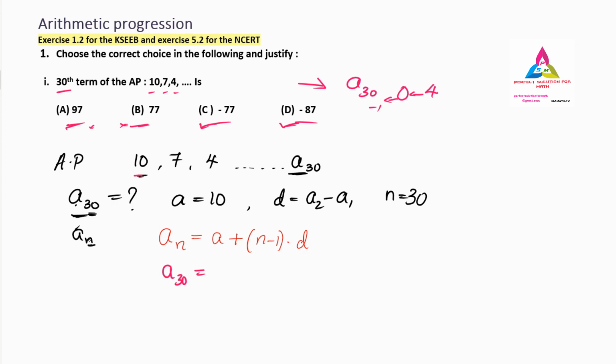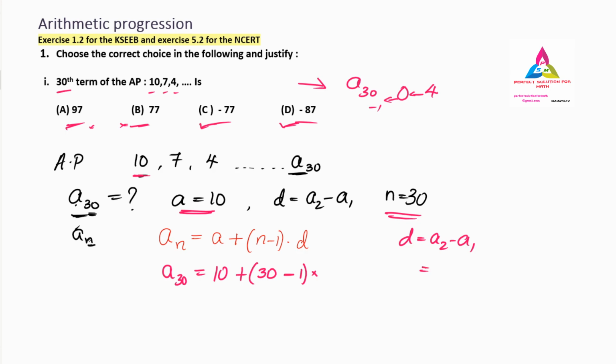The first term you already wrote here, that is 10, plus n, which is 30, minus 1 into what is the d value? We have not found that yet, so we will find the d value. Write down d equals a2 minus a1.